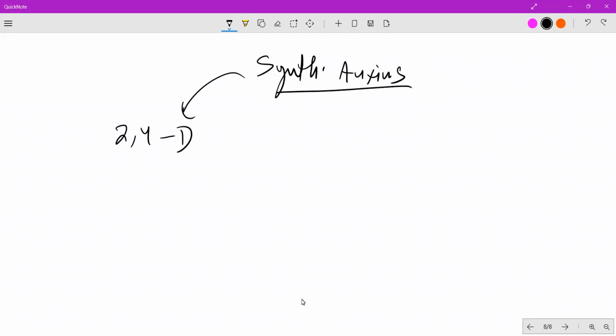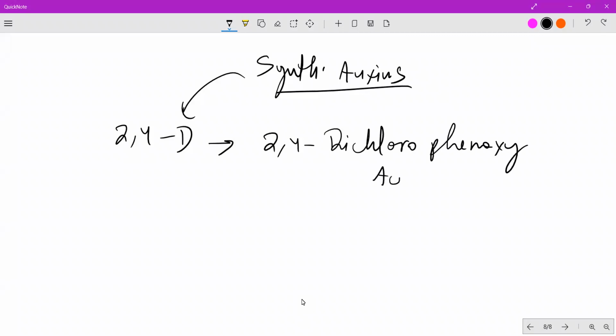This is a very important synthetic auxin. Its full form is 2,4-dichlorophenoxyacetic acid. Should I write it? This is 2,4-dichlorophenoxy acetic acid. So this is dichloro, and this is 2,4-D.